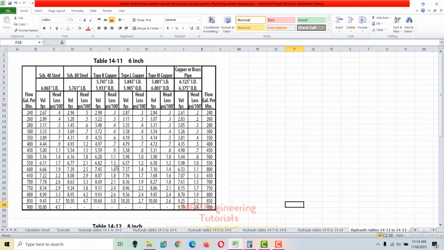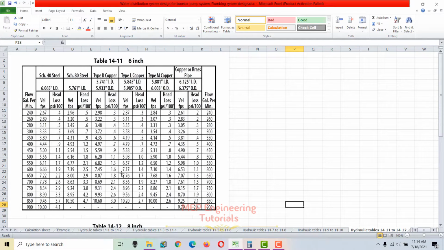For type L copper, the velocity is 6.57 at 550 and 7.17 at 600. Let's interpolate and get the exact value at 582.